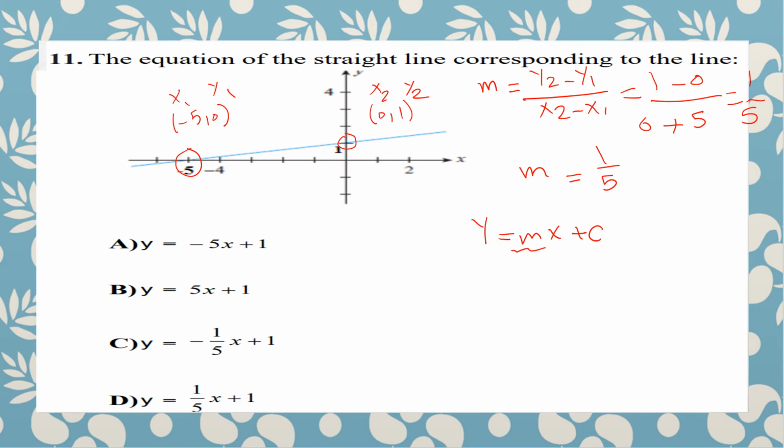We have the value of m, and we need the value of c, and c is the y-intercept, and we can find this intercept from the graph, which equals 1. So m equals 1 over 5 and c equals 1. So the equation of the straight line is y equals 1 over 5 times x plus 1.